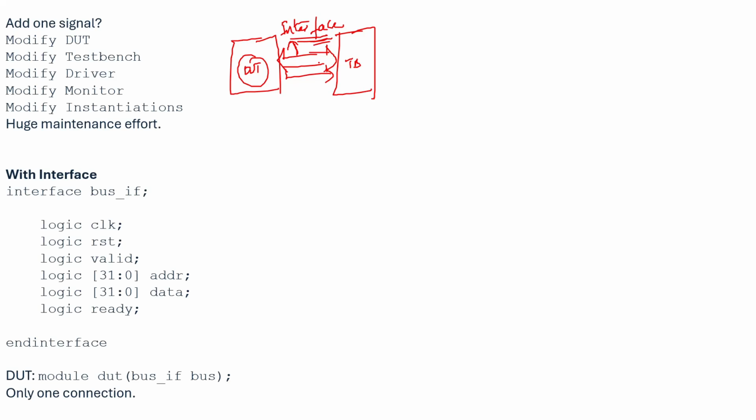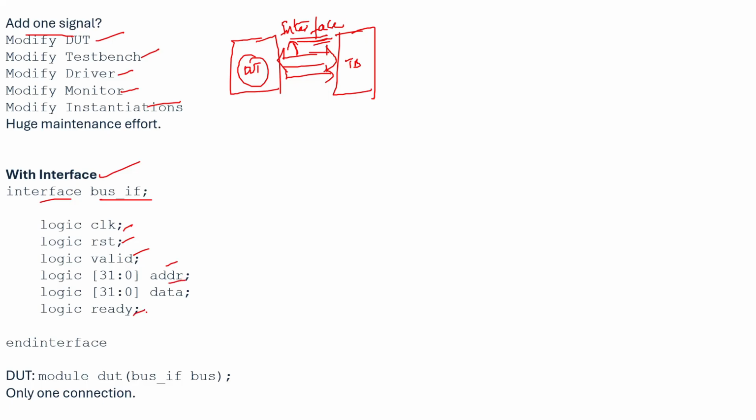Now, if you add one signal, you need to modify the DUT, test bench, driver, monitor, instantiation, all the things will be modified. Instead of that, you take the interface name, and inside that clock, reset, valid, address and ready.